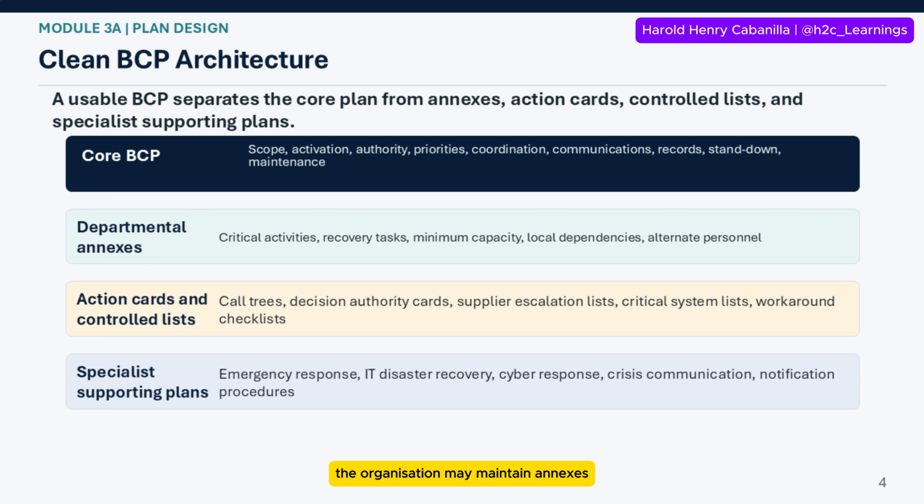Around that core plan, the organization may maintain annexes, action cards, controlled lists, and specialist supporting plans. Annexes may provide department-specific recovery information. Action cards may summarize defined responsibilities for key roles. Controlled lists may contain call trees, suppliers, systems, sites, documents, or other reference information that must remain current.